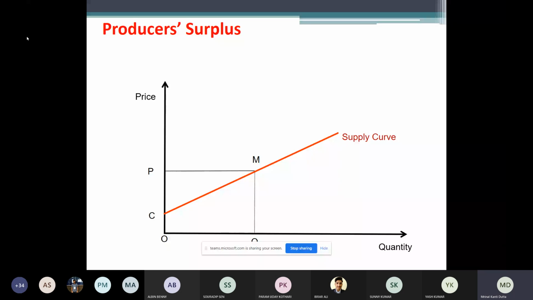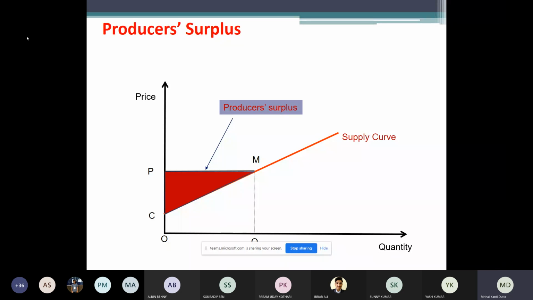So the total revenue that he is getting by selling the product at OP price is a little bit higher than he is actually prepared to get. That additional amount is nothing but the area of the triangle CPM. So that is the producer surplus. I hope this is clear to you.